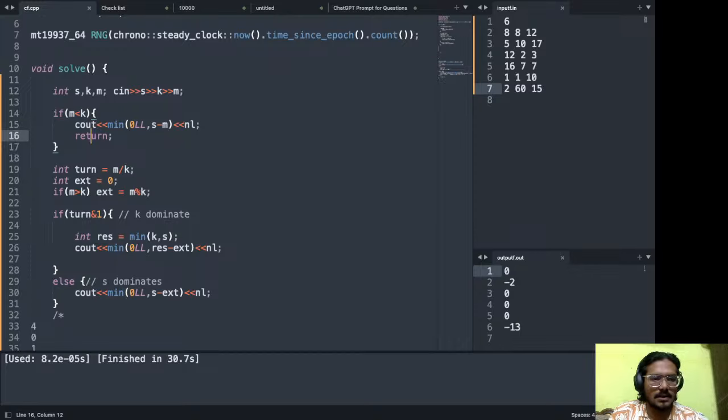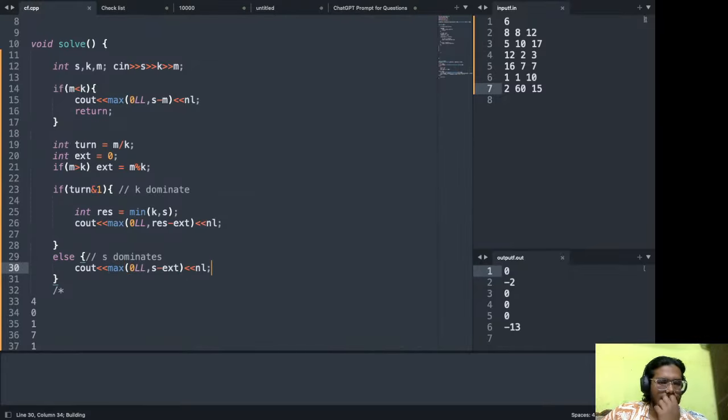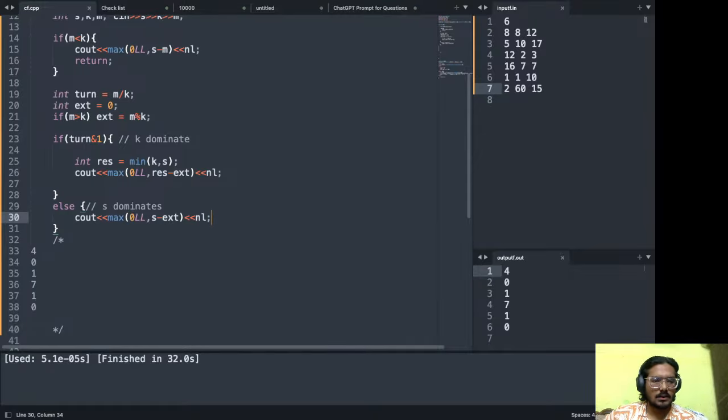Oh, this will be max, so that we don't get negative numbers. I think the results are 4, 0, 1, 7, 1, 0. Let's submit and see.